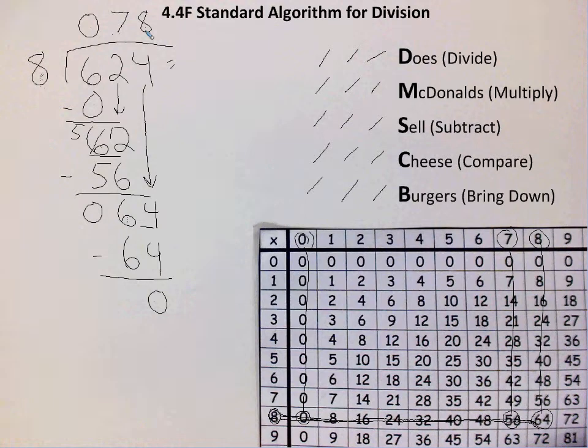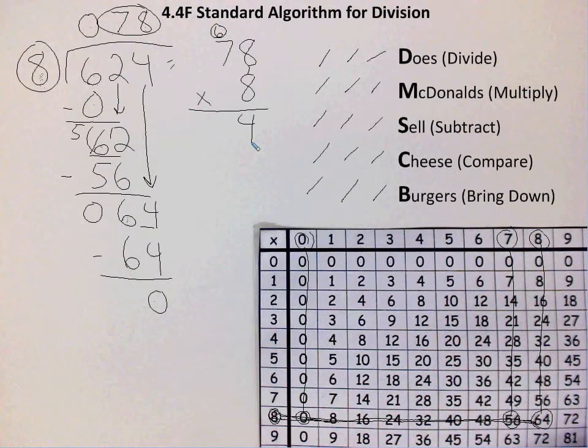But we still have one last step that we're going to do, which is we're going to check. We're going to check to see if our answer is correct. And we check a division problem by multiplying the quotient by the divisor. So I'm going to multiply 78 times 8. Okay, multiply up first. 8 times 8 is 64.